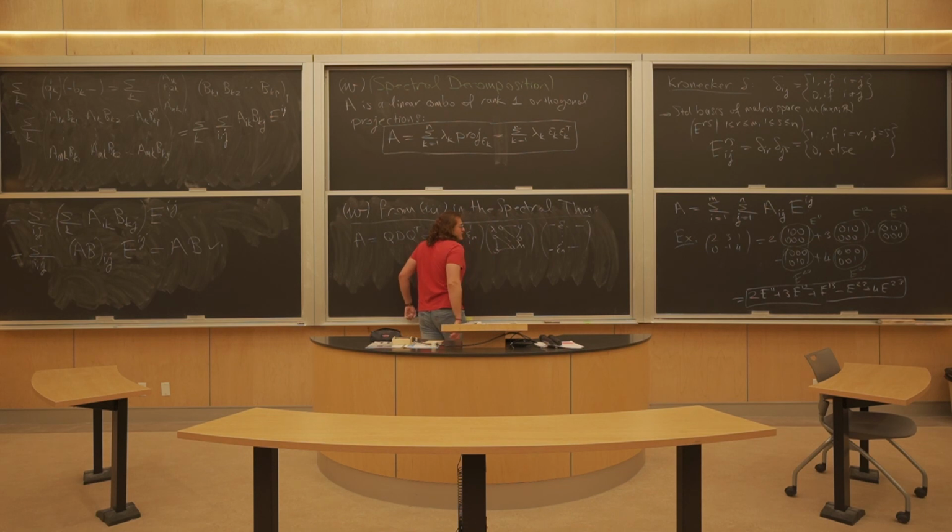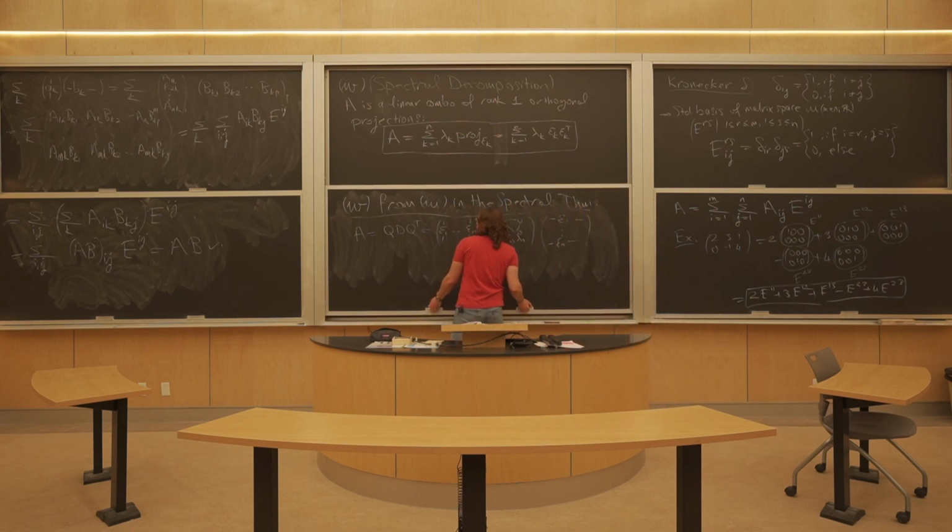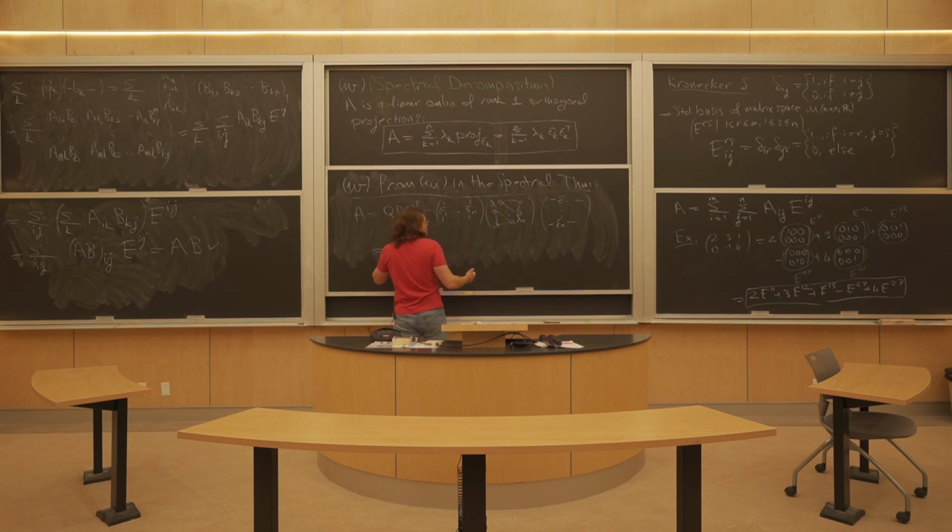Because if I were taking a matrix and multiplying that matrix by this matrix from the left, that would correspond to scaling the rows. Well, if you take this matrix and multiply it from the right, that corresponds to scaling the columns. This is an elementary column operation if you want.